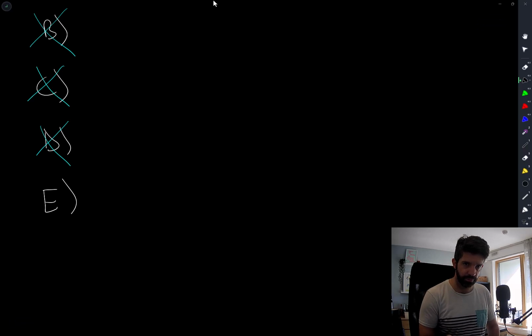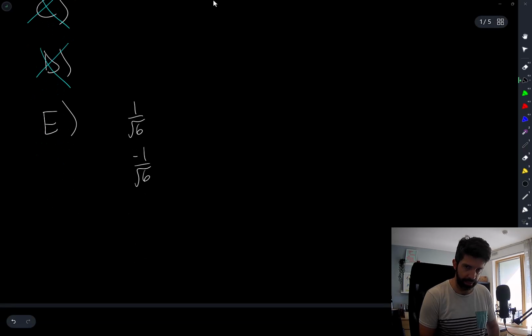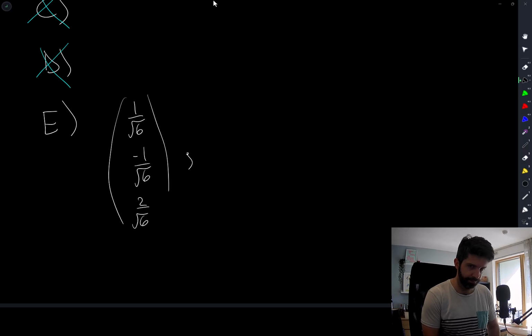The vectors for E, which I'll write down here, are 1 over root 6, negative 1 over root 6, and 2 over root 6, as well as 1 over root 2, 1 over root 2, and 0.